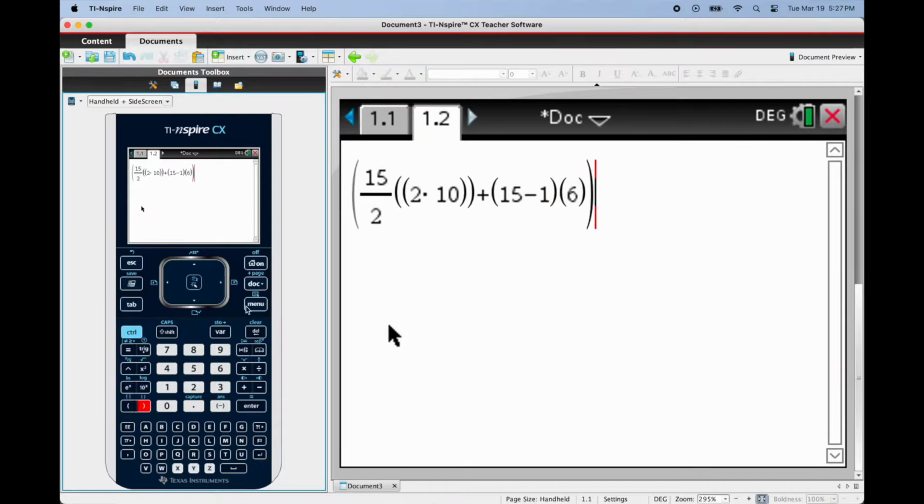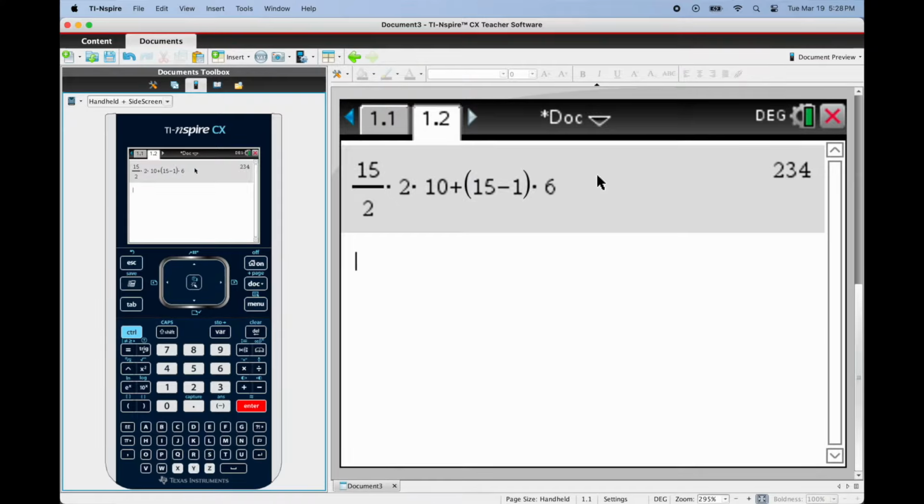And we want to make sure that we're multiplying this 15 over 2, or this 7.5, by everything, not just this first portion. To be absolutely safe, you might even want to work this inner part out and then multiply everything by 15 over 2. So here we go.